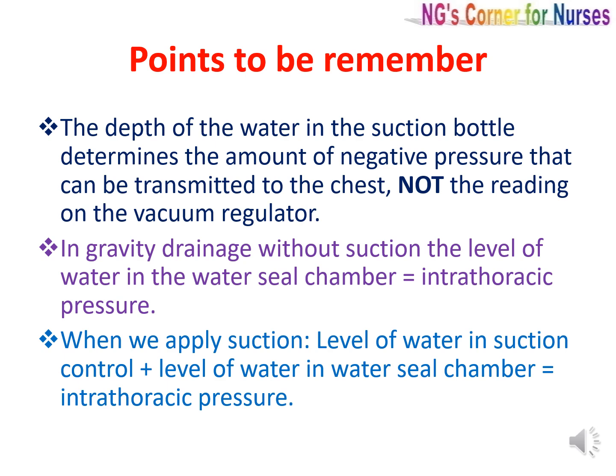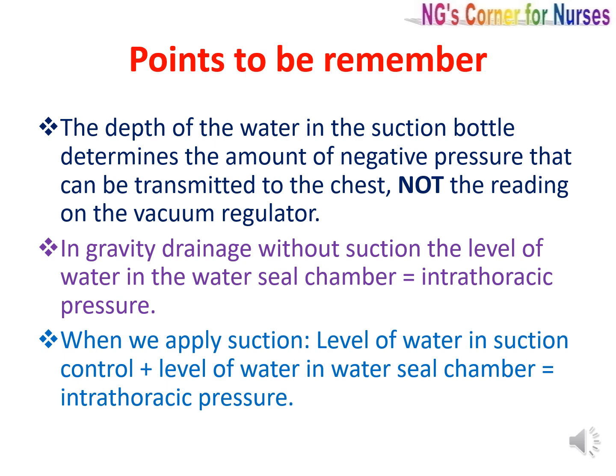We can conclude the topic of water seal drainage with some special points which we have to remember. First one, the depth of the water in the suction bottle or suction chamber determines the amount of negative pressure that can be transmitted to the chest, not the reading on the vacuum regulator.